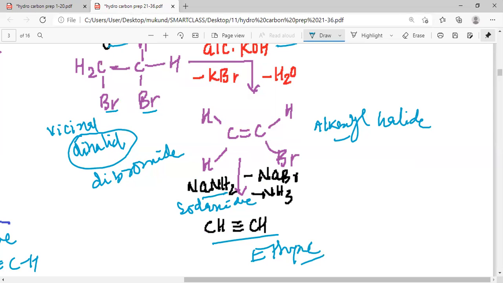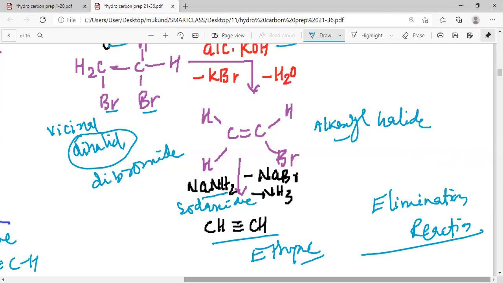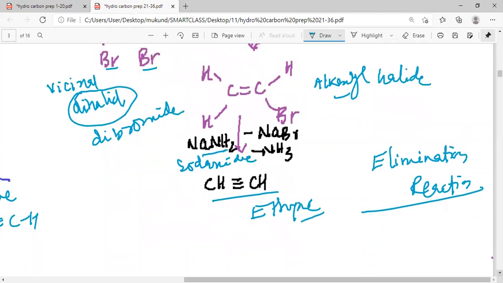Both these reactions, or both these steps, are elimination reactions. And please remember, this is also a kind of elimination known as beta elimination reaction. We have already studied elimination reactions, and it is beta elimination.